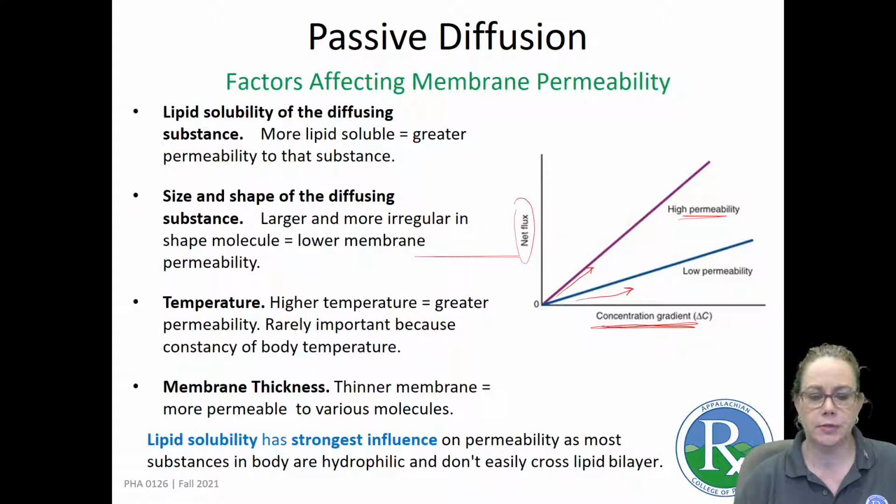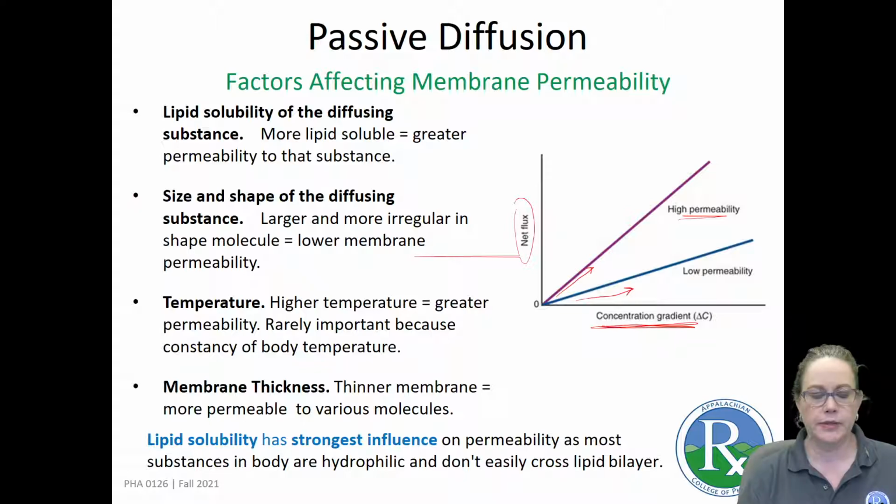So if we look at the factors that affect membrane permeability, those are listed here. The lipid solubility of the diffusing substance: the more lipid soluble, the higher the permeability. The size and shape of the substance: the larger and more irregular in shape the molecule becomes, the lower its permeability will be. Then there are some other factors not related to the structure of the molecule. Temperature: at higher temperatures, you're going to see greater permeability. We rarely see this become important because body temperature is pretty consistent and well regulated.